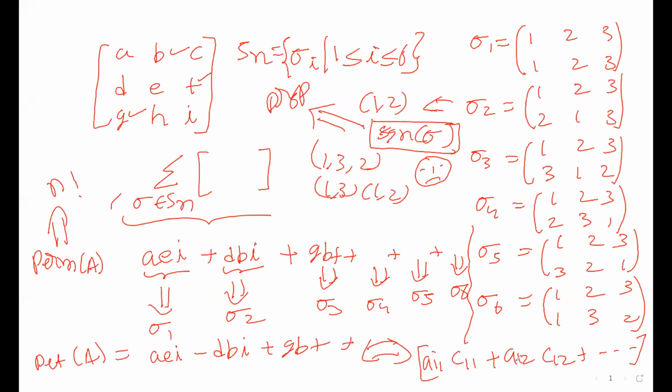If you do determinant the dumb way, this also requires factorial n. It's very expensive. But that alternate formulation is cheap. It is not computationally expensive. You don't need to spend factorial n time. But it so turns out for permanent, there is no such alternate formulation which is easy to compute.